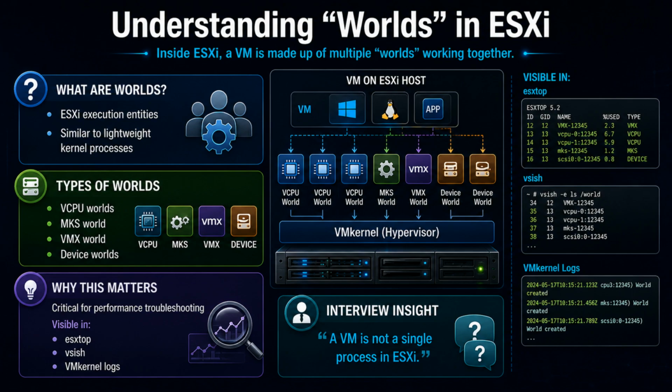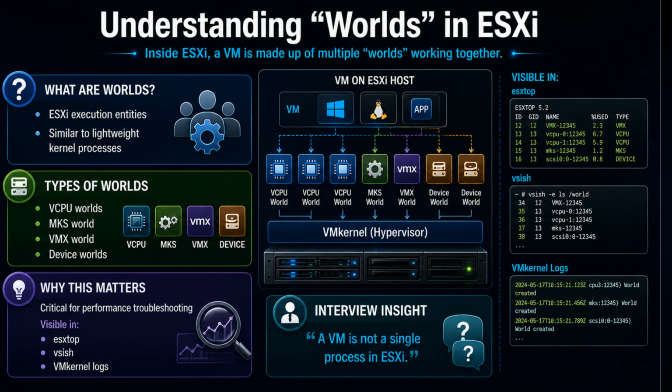These are lightweight execution contexts managed by vMkernel. Understanding worlds is extremely important for performance troubleshooting because tools like esxtop, vsish, and vmkernel logs expose VM activity through these worlds. Now that execution contexts exist, ESXi begins creating virtual hardware.